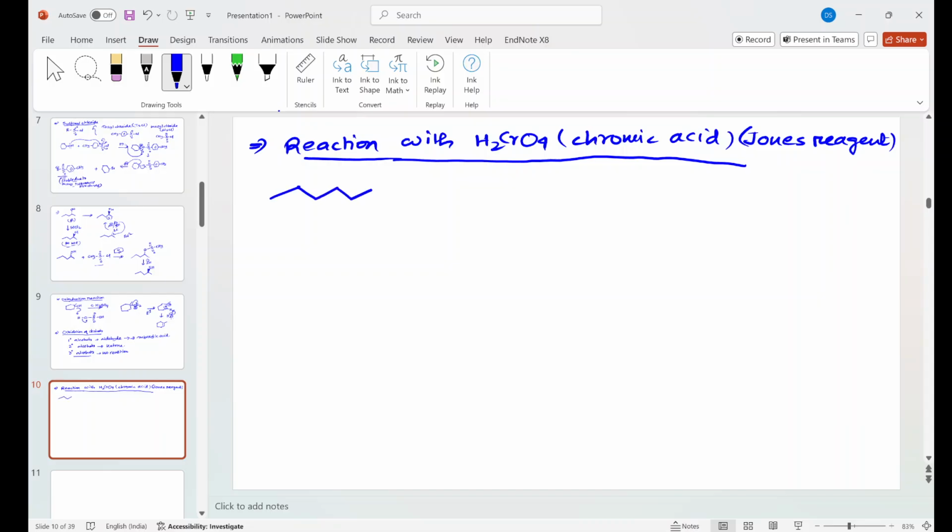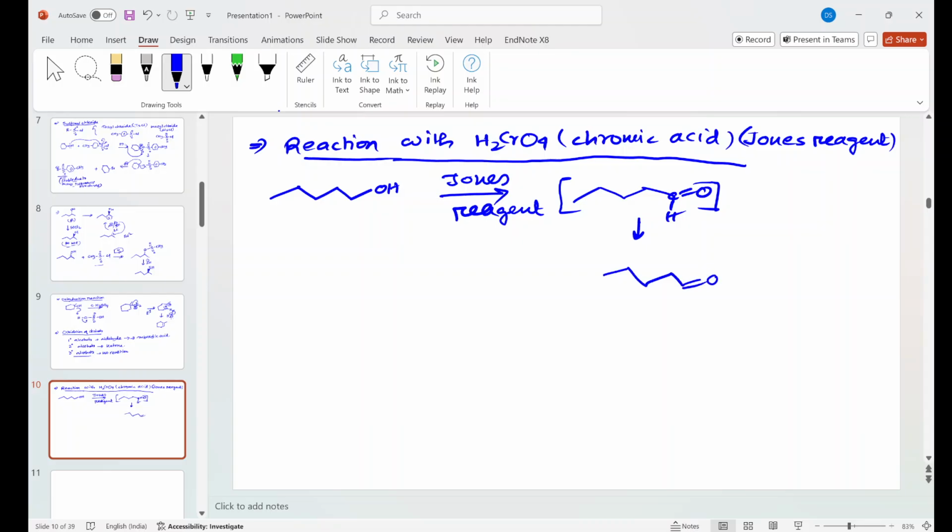You have a general alcohol like this, and if you treat with Jones reagent, it will form the aldehyde, but it will not stop here. It will go to the carboxylic acid. This will be your end product.